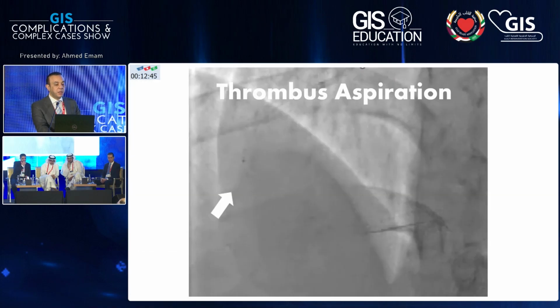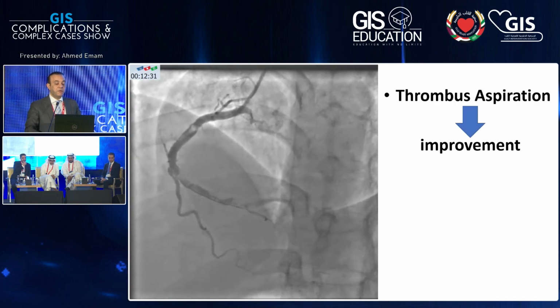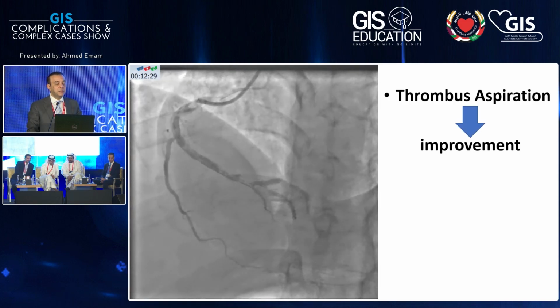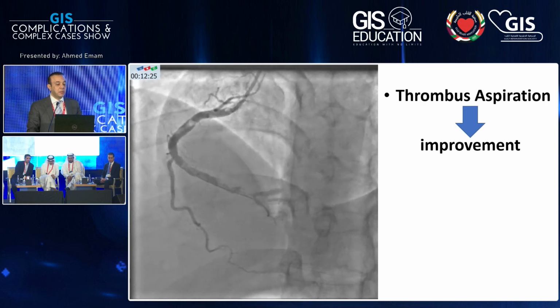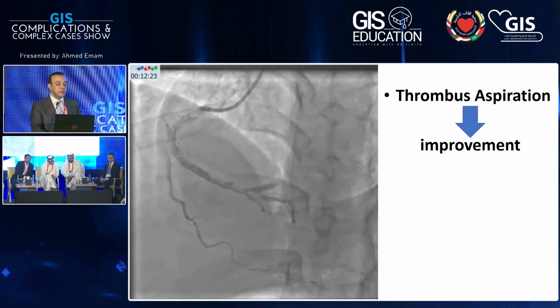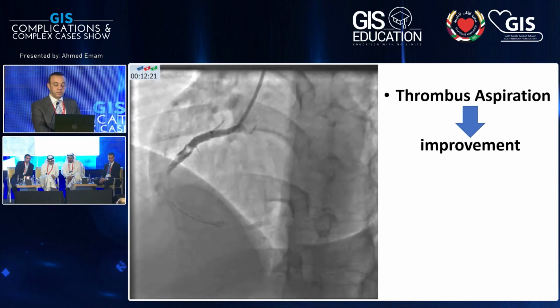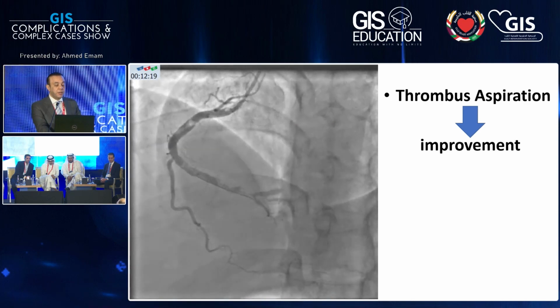Then, as is my standard with such a huge thrombus, we used aspiration directly. I used it many times to try to get rid of this big thrombus. After thrombus aspiration, I had a little improvement in the flow, but as you can appreciate, it's still TIMI 1 flow.